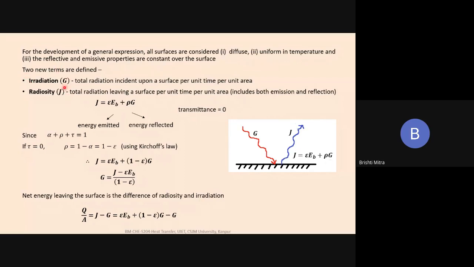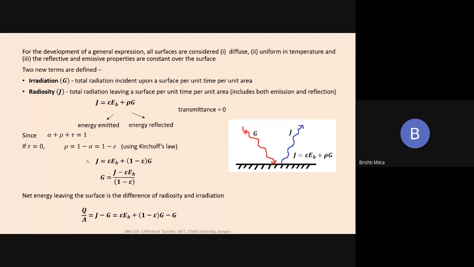Now, two new terms have been defined. One is called irradiation and one is called radiosity. Let us slowly try to understand what these two different terms are. Irradiation is denoted by the letter G, and radiosity is denoted by the letter J. Irradiation is the total radiation incident upon a surface per unit time per unit area.